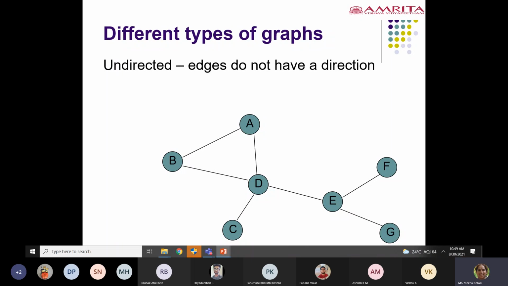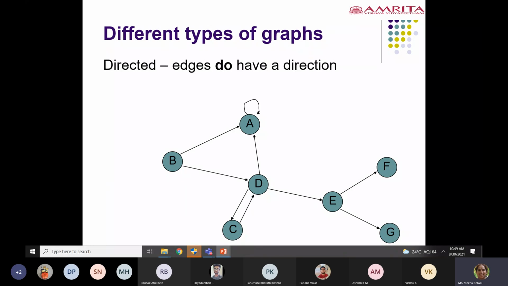The example we are seeing so far is an undirected graph. There is no direction in the edge, so you can also call it bidirectional. AB is an edge, and so is BA. There is no restriction while moving from A to B or B to A.